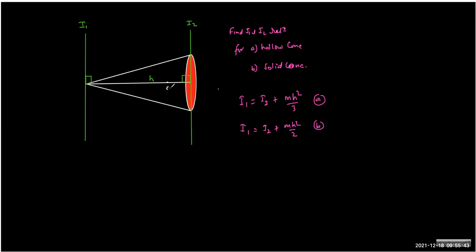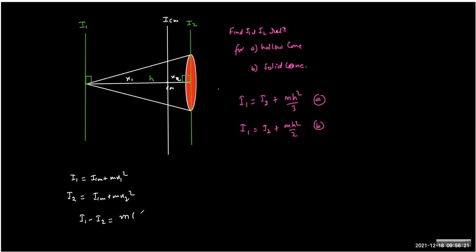So the center mass is, let's say, here. Let me make it a general formula, like you can say A, or maybe I can write x1, x2. So I1 we can write as... this looks nice to remember.